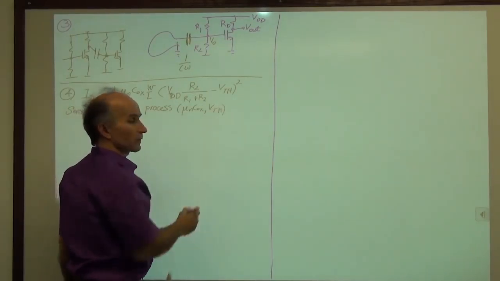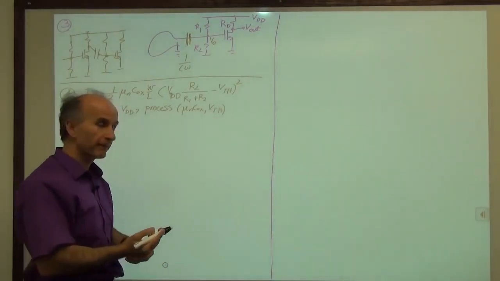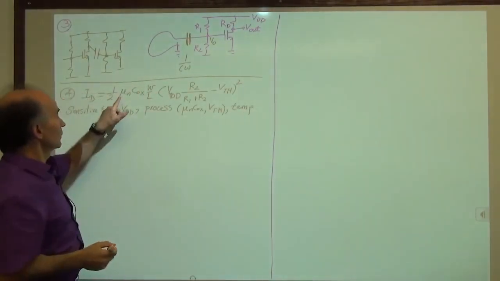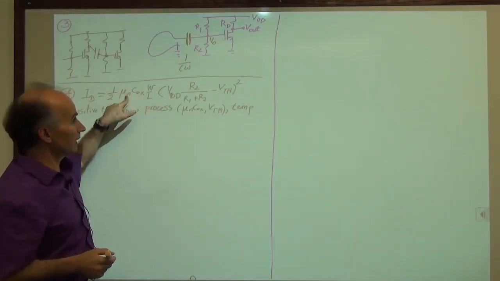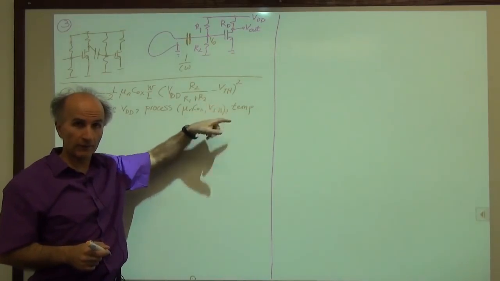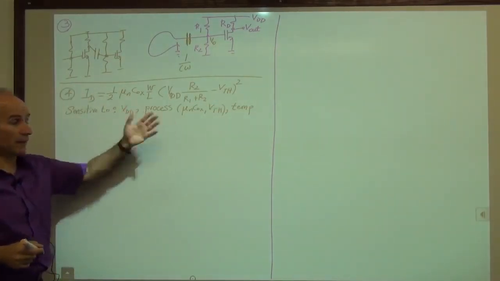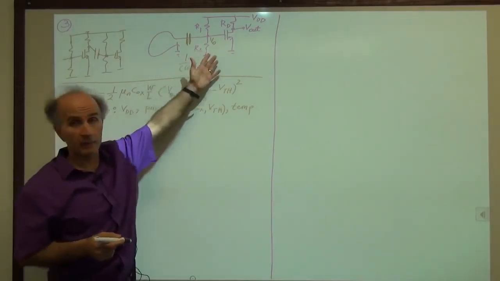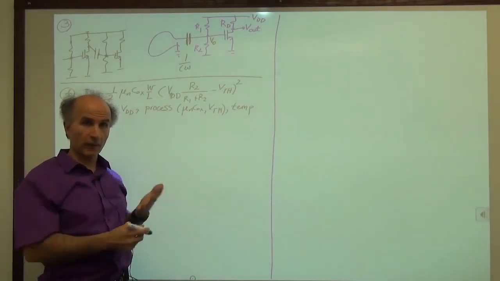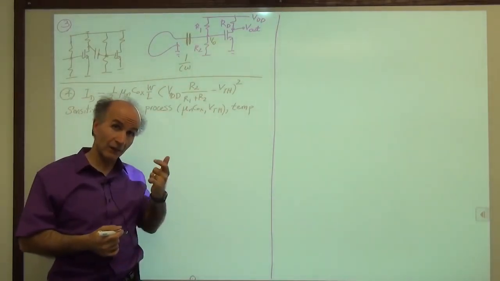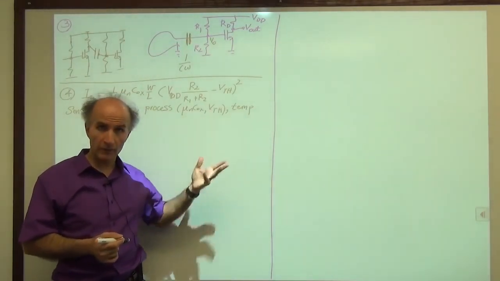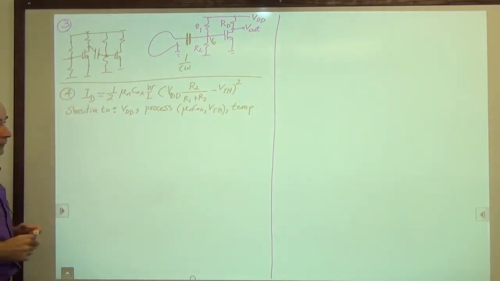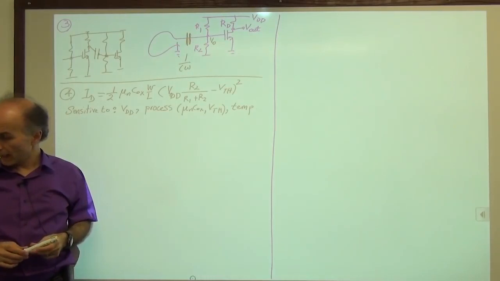The threshold of the MOSFETs also can vary from one wafer to another. And then temperature, because mu n Cox and VTH can also vary with temperature. So generally this is not a very stable circuit in terms of its bias conditions. If the bias conditions vary a lot, then gm and ro vary a lot, so the performance of the circuit varies.